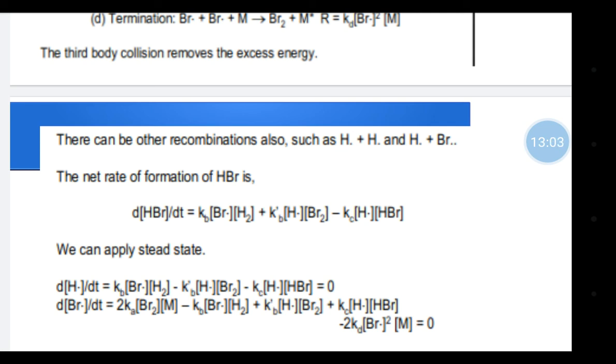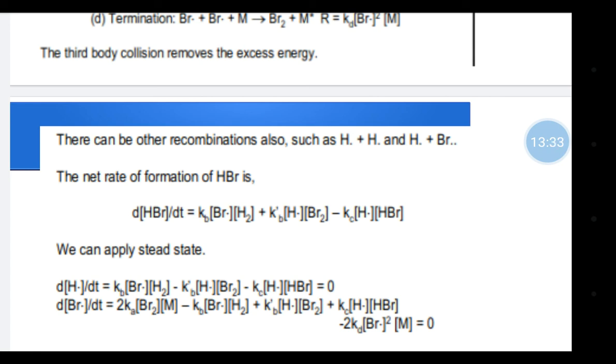You know that the final rate equation should be in terms of the concentration of the reactants and products and should not involve the concentration of the intermediates, right? So in order to do this, you have to apply steady state approximation.